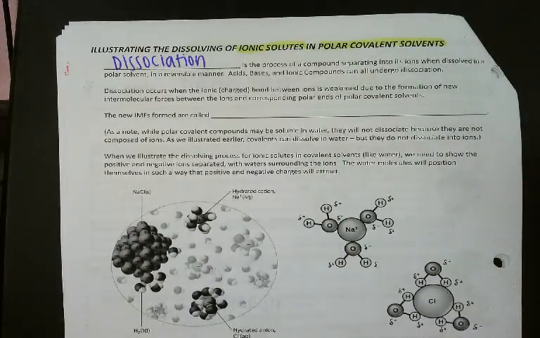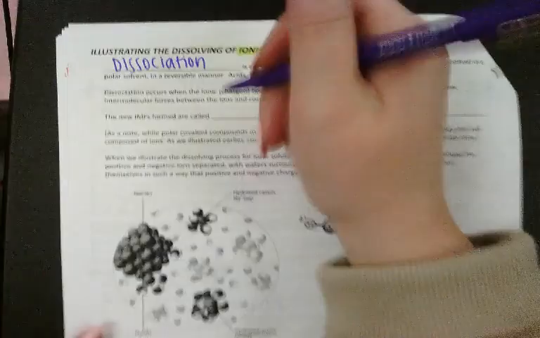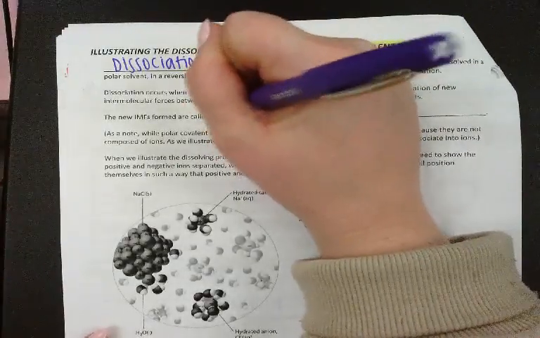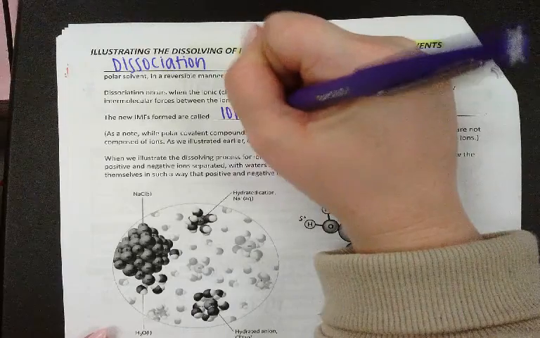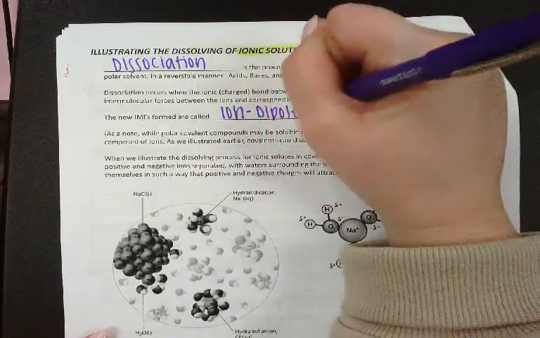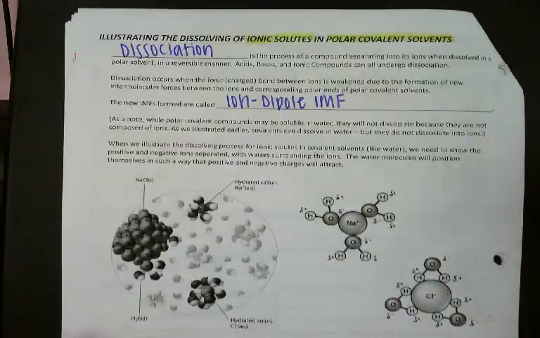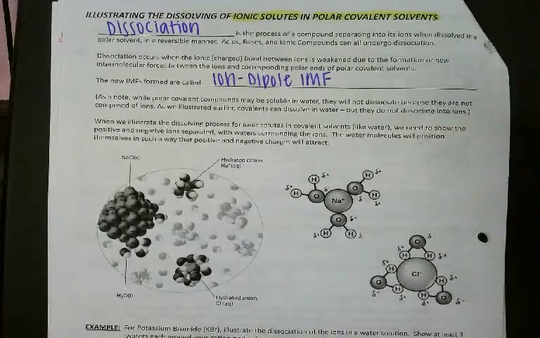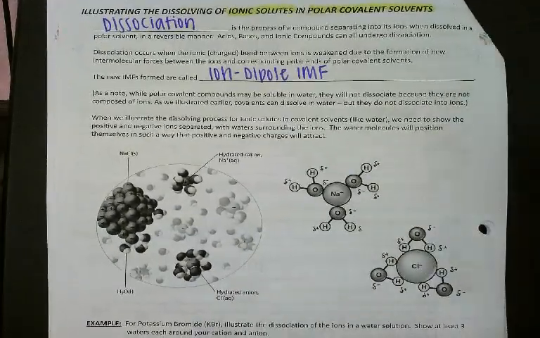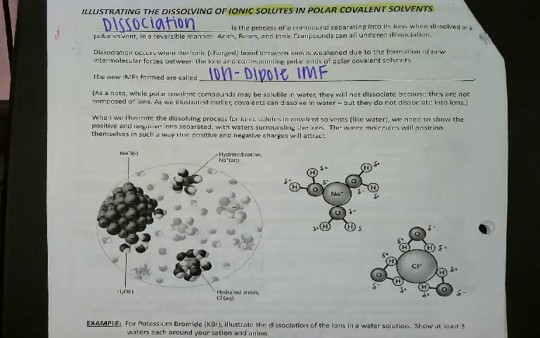So again, dissociation happens when the ionic bond between ions is weakened due to the formation of new IMFs. That new IMF formed is called ion-dipole IMF. So, while polar covalent compounds may be soluble in water, they do not dissociate, again, because they are not composed of ions.